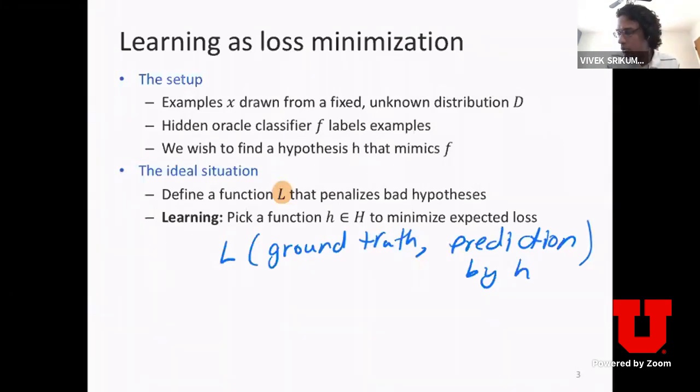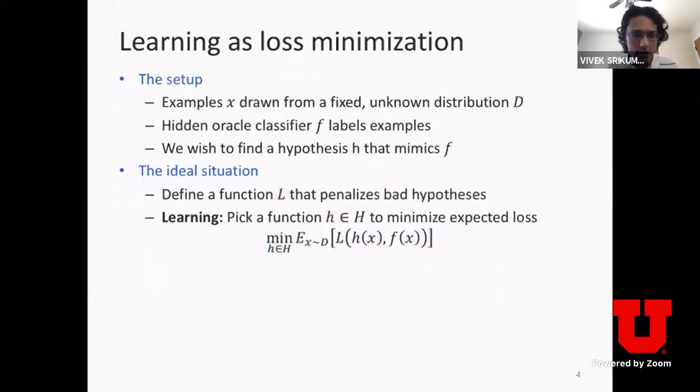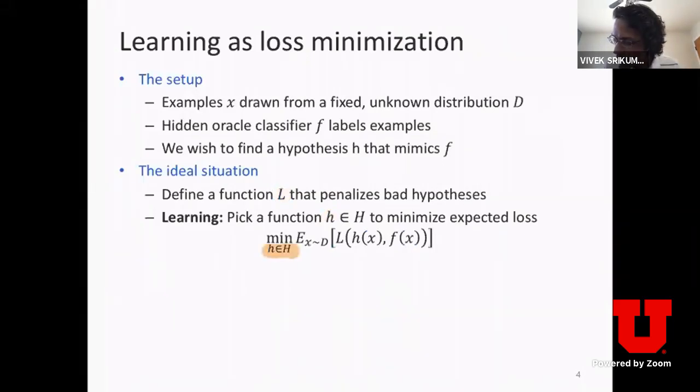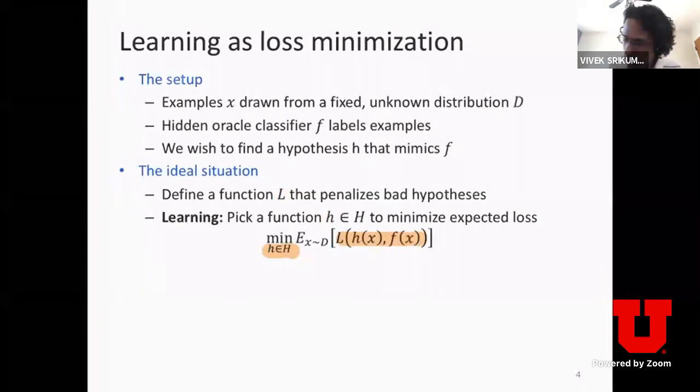So this is called a loss function. The goal of learning, if you have such a function, is to pick a certain hypothesis among the entire hypothesis space that minimizes the expected loss. Expected loss is a concrete term. What we want is to find a certain function h that minimizes the expectation of the loss function, where the expectation is taken over this distribution over examples.